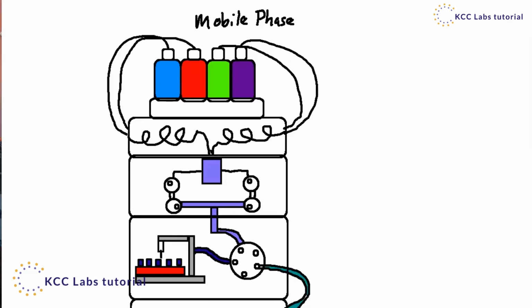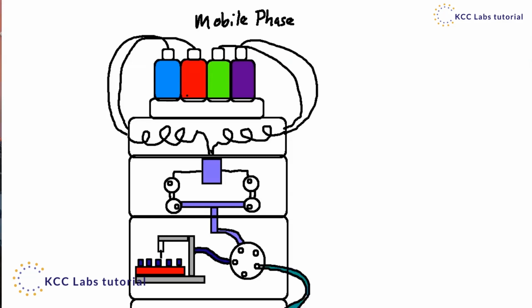So that's what's being hosted at the top there, where you see the different colored bottles. Those are your mobile phases. So the mobile phases send the liquids into the next component, and that's the component we see right here, and that is known as a degasser. Now, a degasser has one simple job, and that is literally to degas the solution.